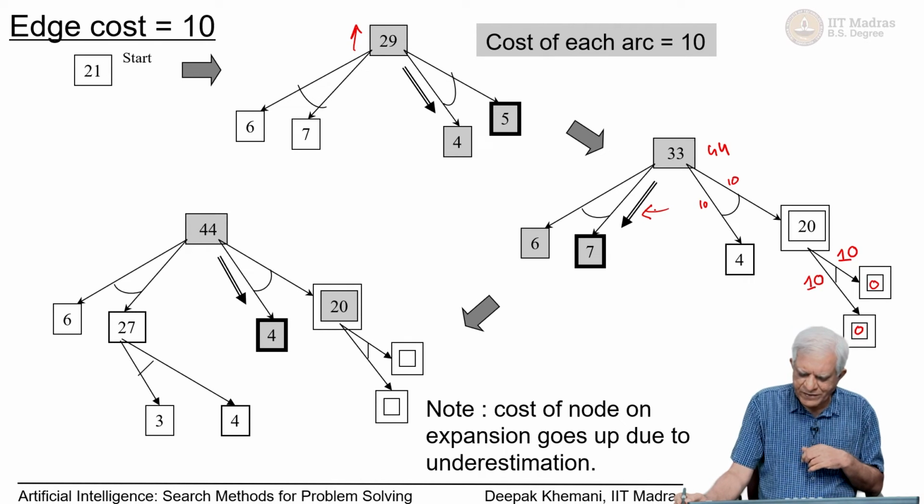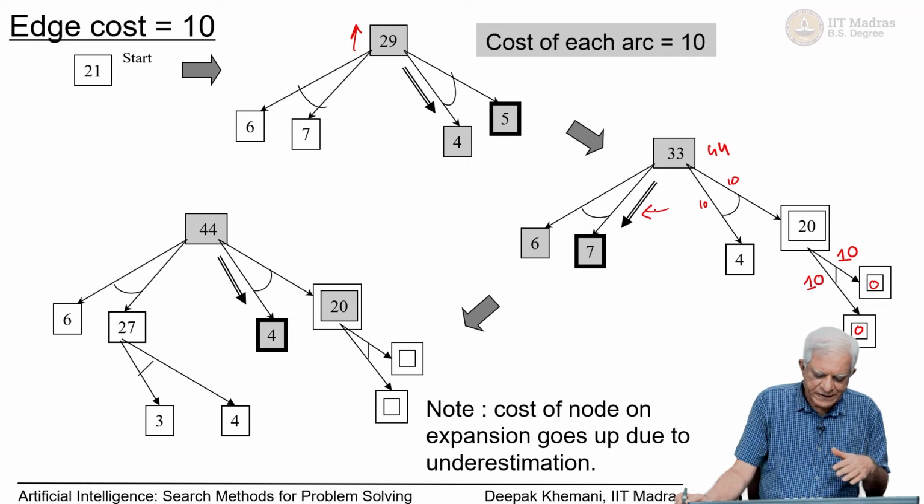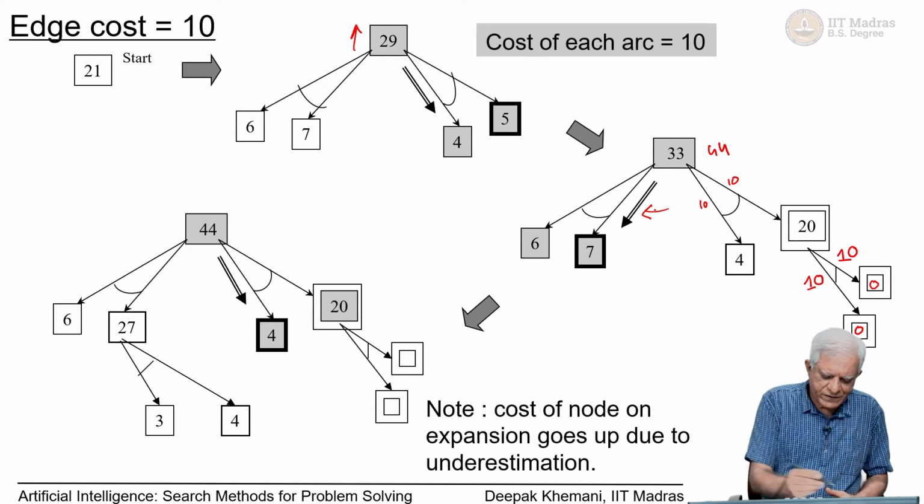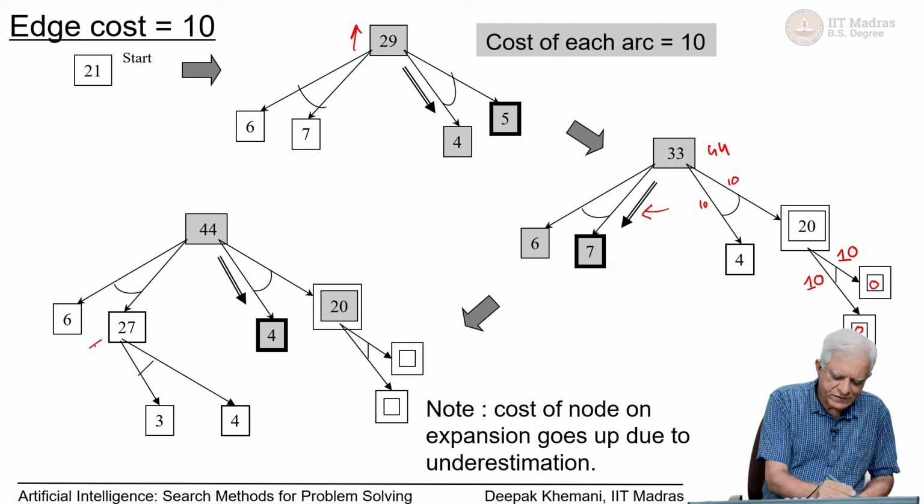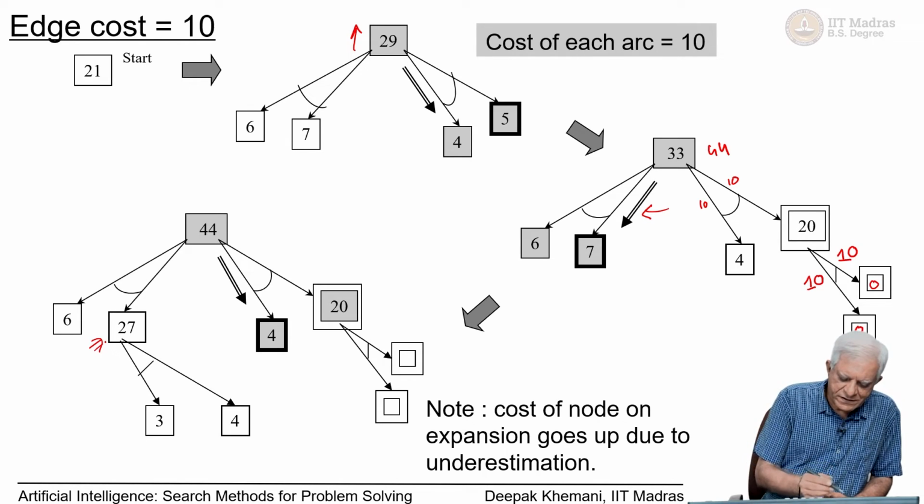So, we refine this 7 now, so that is the node that we refined, and let us say that it has an AND choice below it with a cost of 3 plus 4, which is 7, plus 10 plus 10.